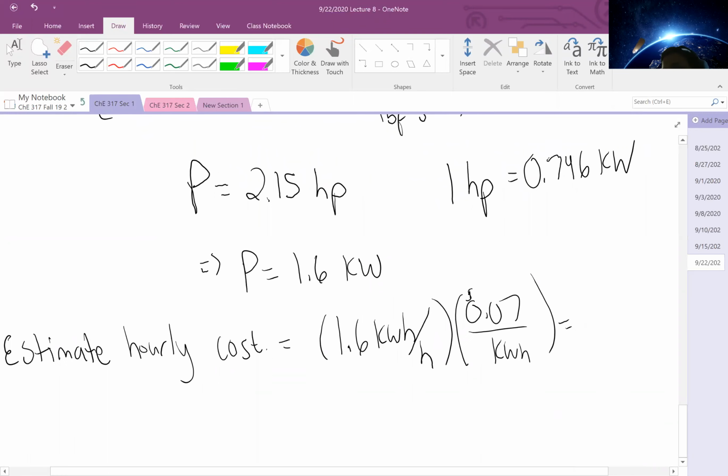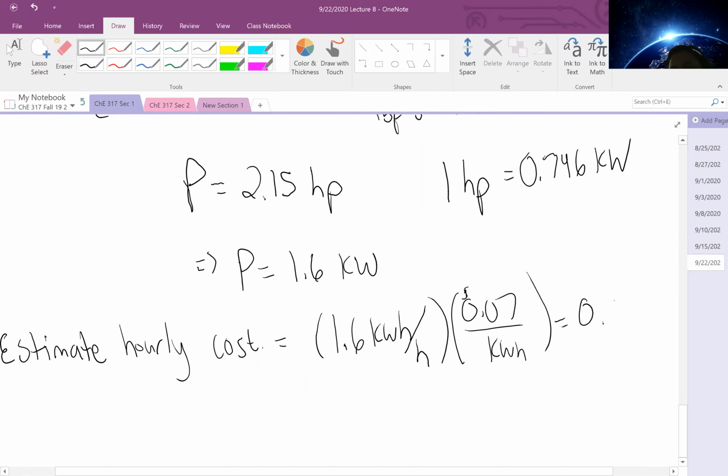So I got approximately 0.112 per kilowatt. So basically 12 cents per hour.